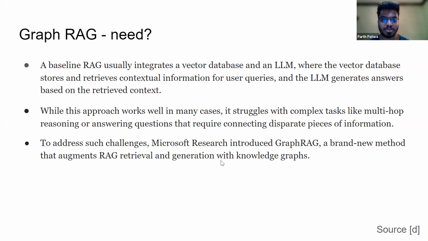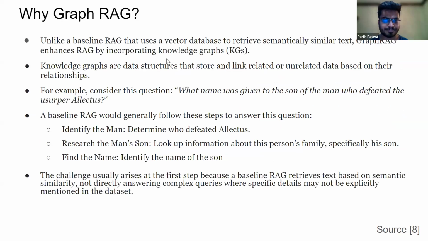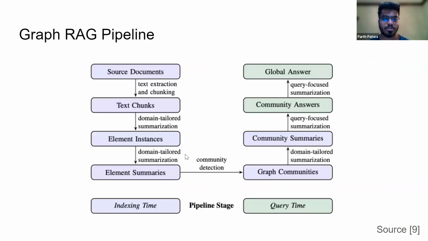So GraphRAG incorporates knowledge graphs with LLMs, and we have this through knowledge graphs. We have the entity linking, like the relationship in this case between the person and their son's name, and so on.